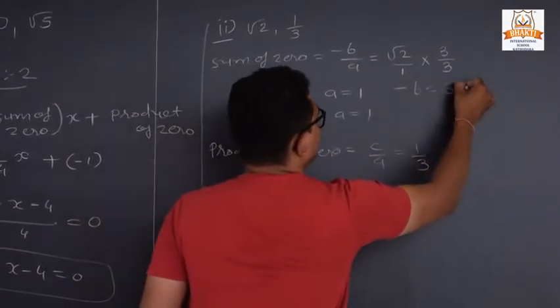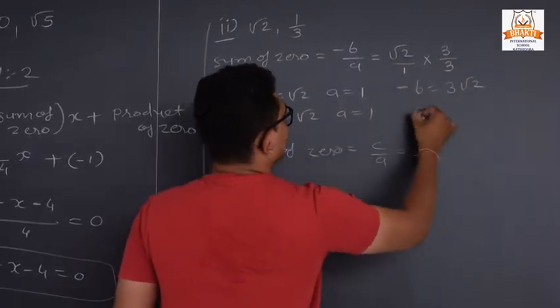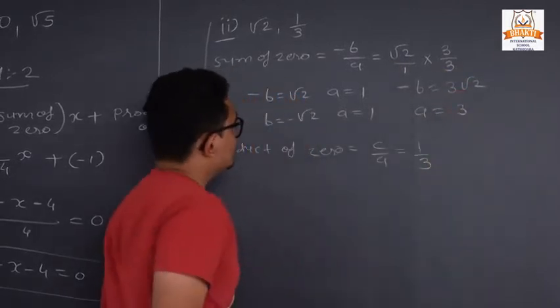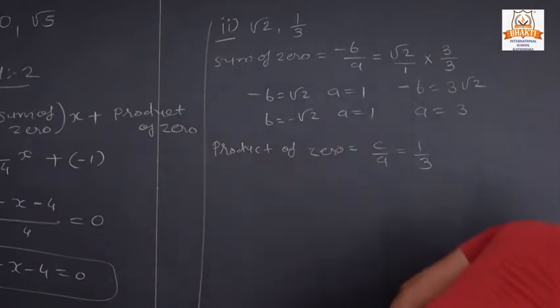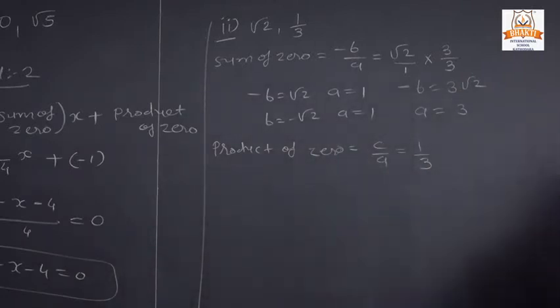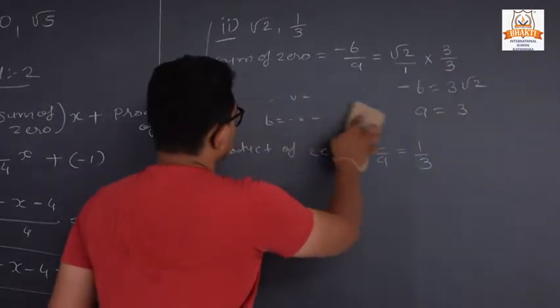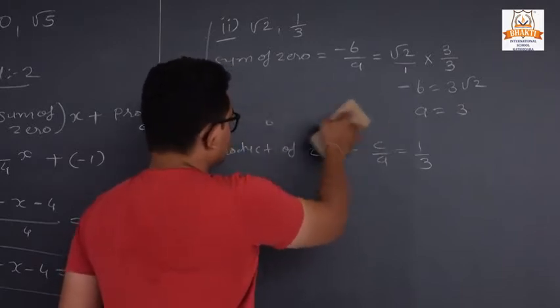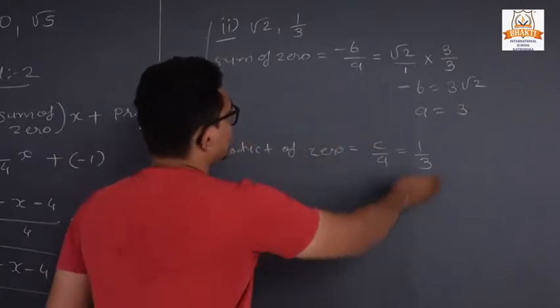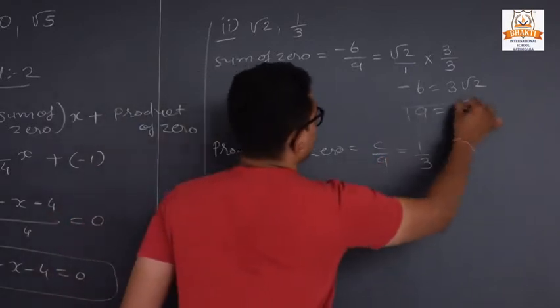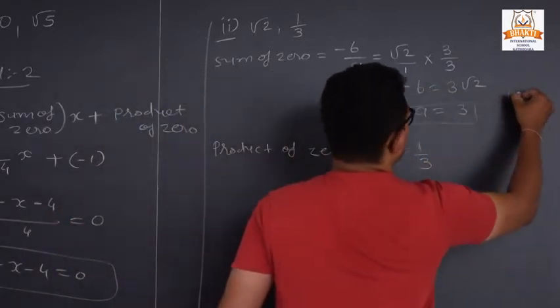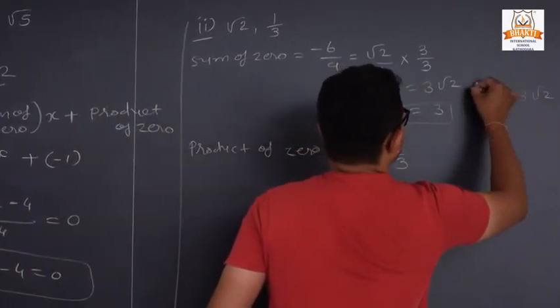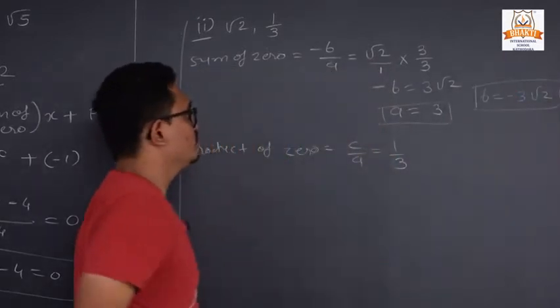It is equal to 3 root 2, and what is the value of a? It will be 3. Now we will not write that, because we can finally find its value: a is equal to 3 and b is equal to minus 3 root 2.